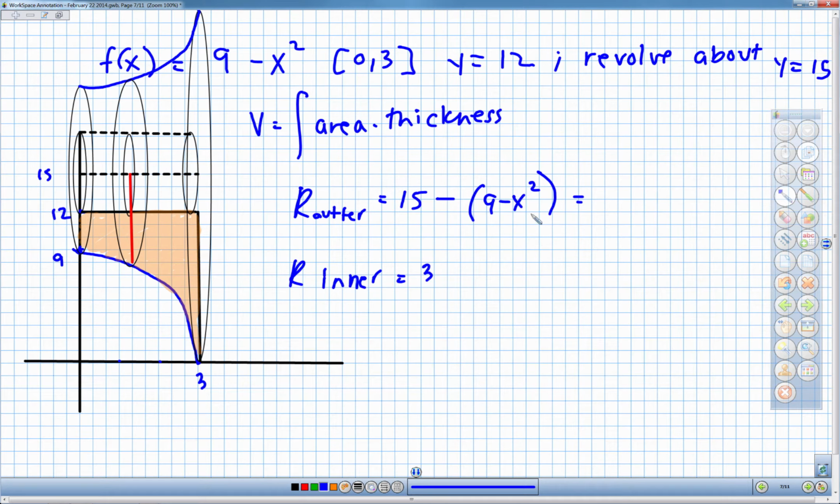So when I simplify this algebraically, this appears to be 6 plus x squared. So my volume in this case is going to be the integral, and since these are perpendicular to the x-axis, my limits of integration are going to be from 0 to 3, and then I'm going to have pi times my outer radius squared, so 6 plus x squared, minus pi times the inner radius squared, so 3 squared.